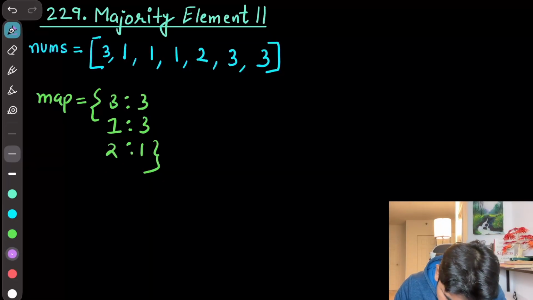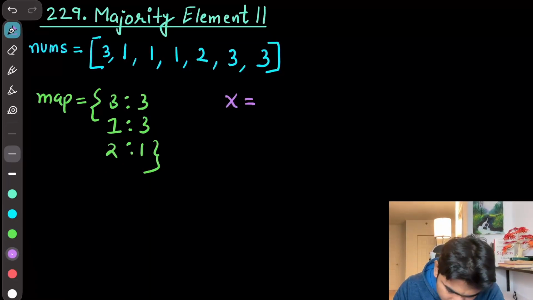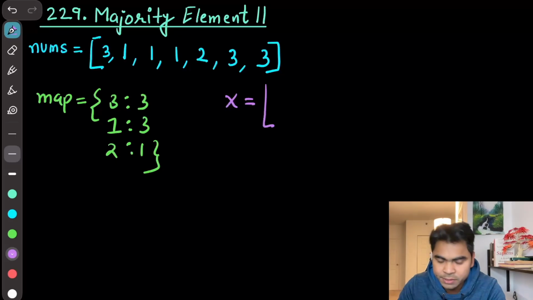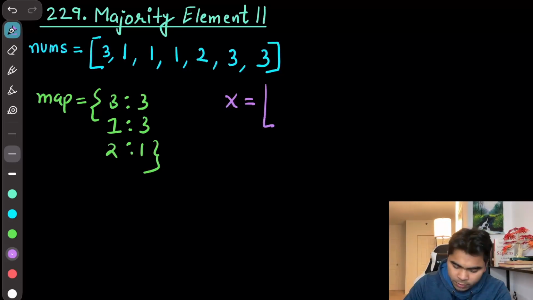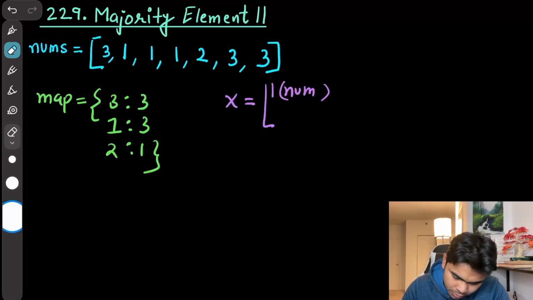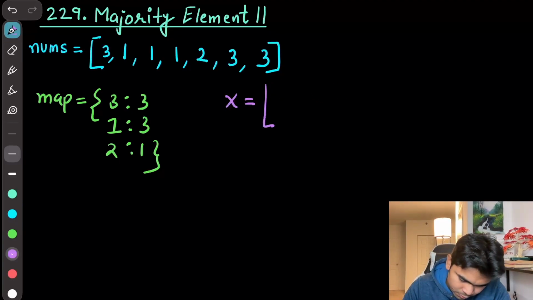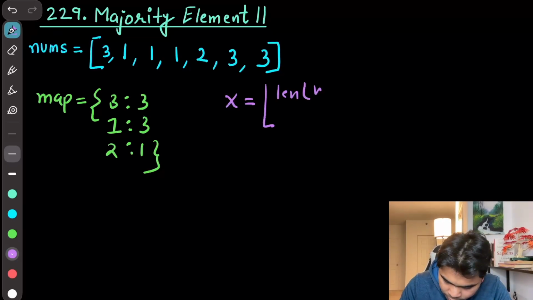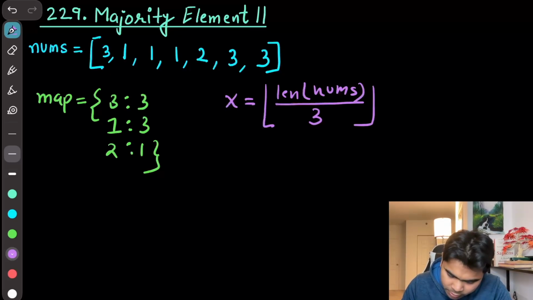Then I'm going to find out that x is basically the floor division of the size of nums by 3. So len nums divided by 3, take the floor division, and in our case it would be 7 divided by 3.